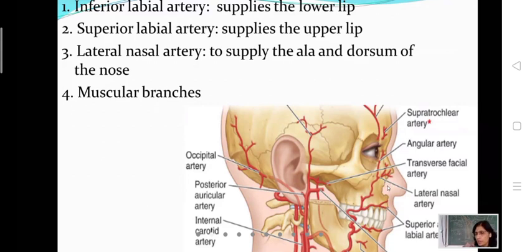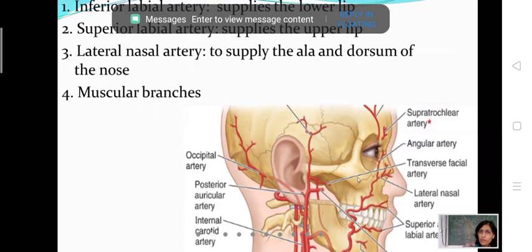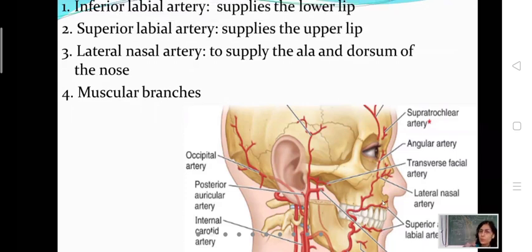And there are few muscular branches not seen here, which are unnamed. So there are 4 branches of facial artery in the face: inferior labial artery, superior labial artery, then lateral nasal artery, and few unnamed muscular branches or simply muscular branches.